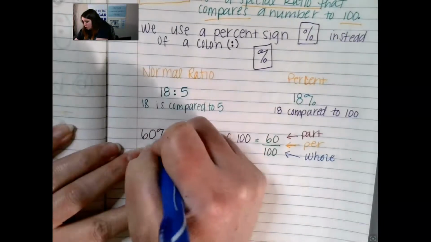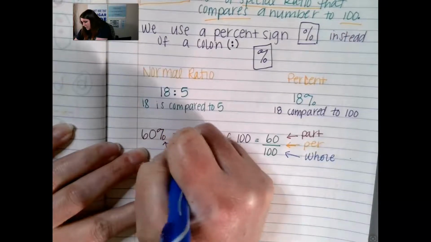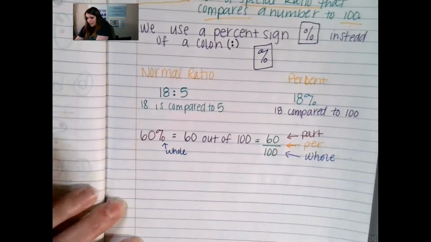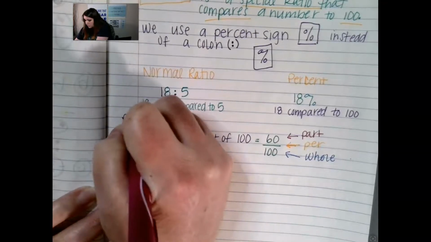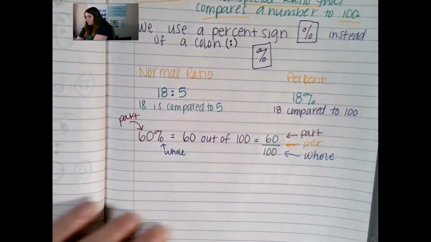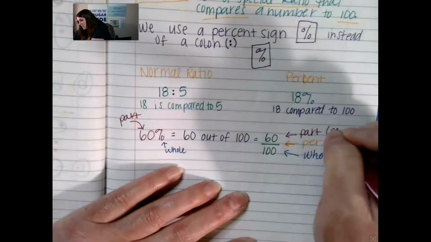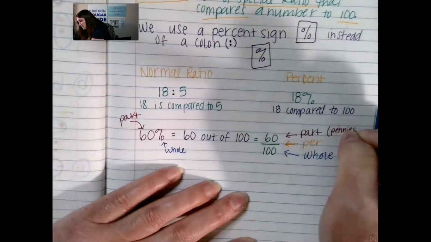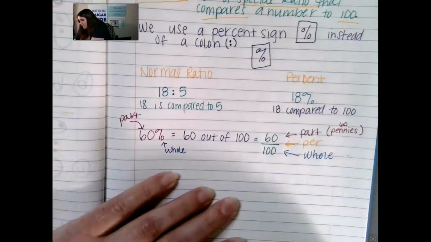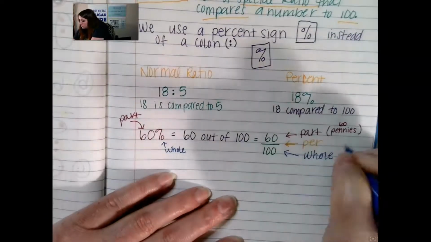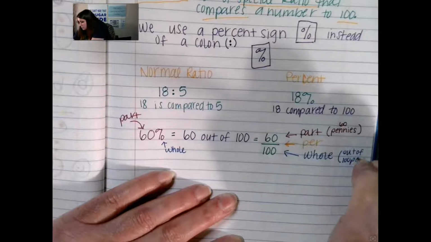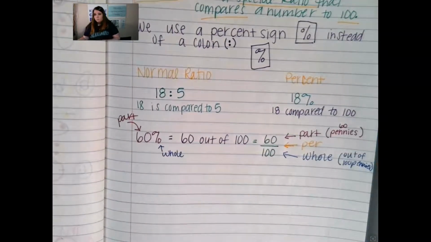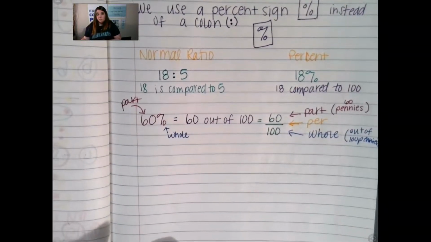This is your whole right here, and this is your part, the 60 pennies, out of 100 pennies.